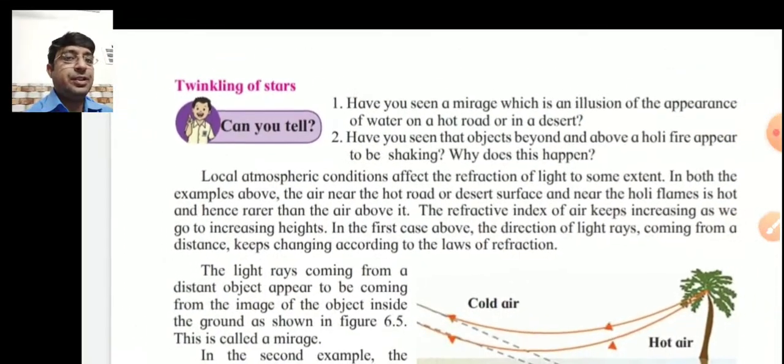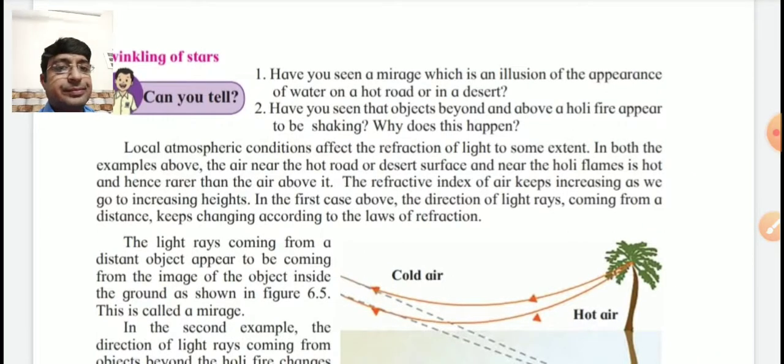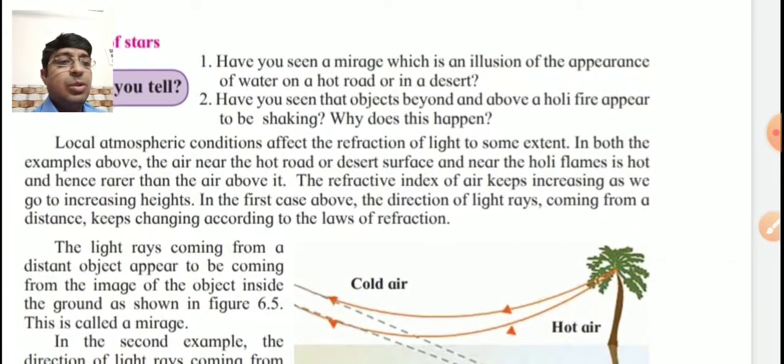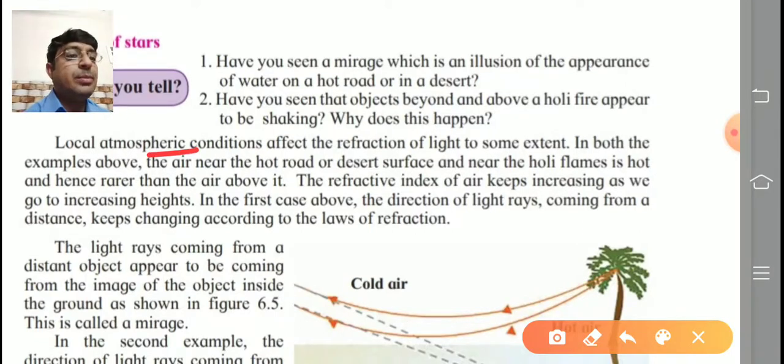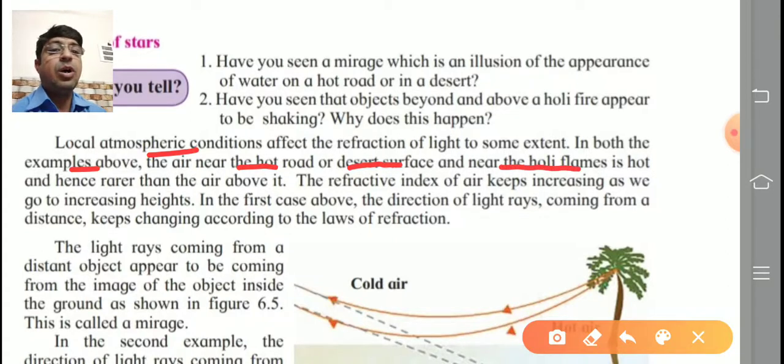So we learn here twinkling of stars. Now, local atmospheric conditions affect the refraction of light to some extent. In both the examples above, air near the hot road or desert surface and near the Holi flame or fire is hot and hence rarer than the air above it.